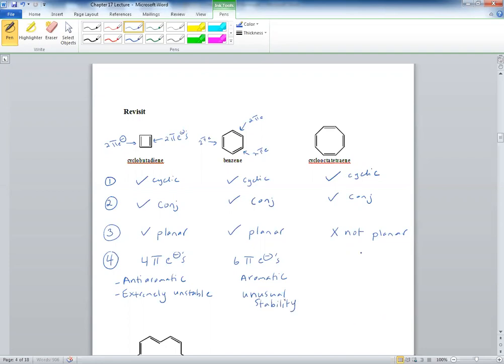And then finally, this one right here, let's count the number of electrons. We do have 8, so it doesn't satisfy Huckel's rule, and it doesn't satisfy the planar requirement either. So this actually turns out to be non-aromatic.